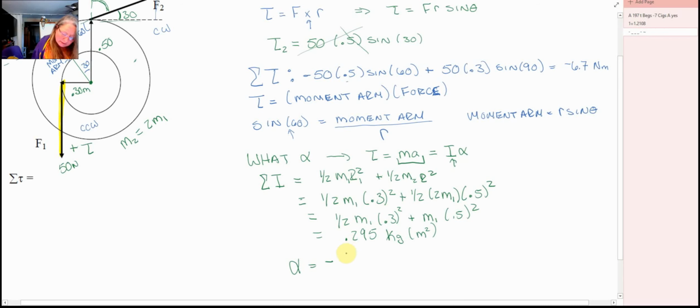So my torque was negative 6.7 Newton meters divided by 0.295 kilograms meter squared.